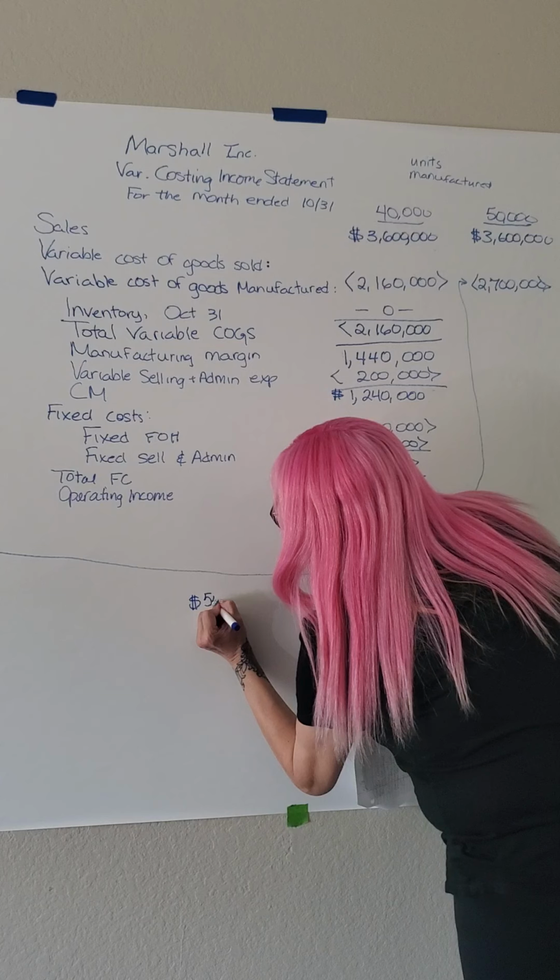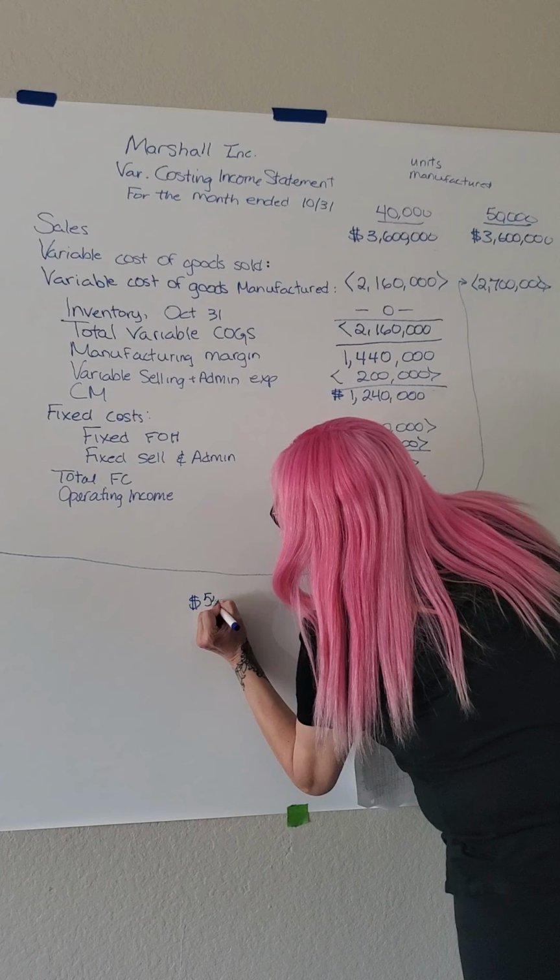Okay, so now what we can calculate out, and they told us fixed factory overhead wouldn't change, so now we can calculate out the amount for our cost of goods manufactured here. So we're going to take at 50,000 units, so I don't have a lot of room here, let me, I like doing my own home whiteboard.